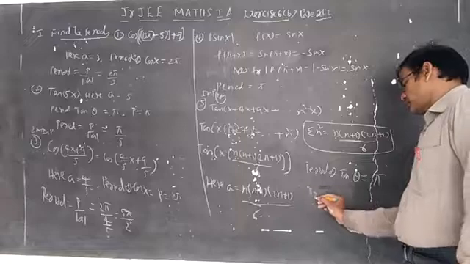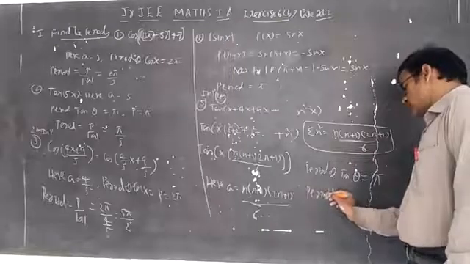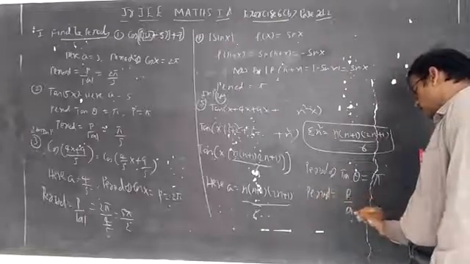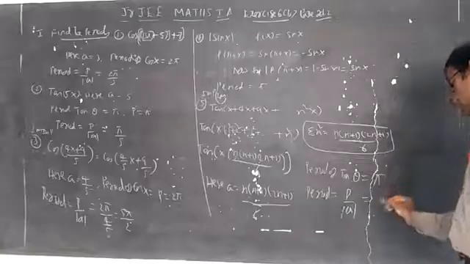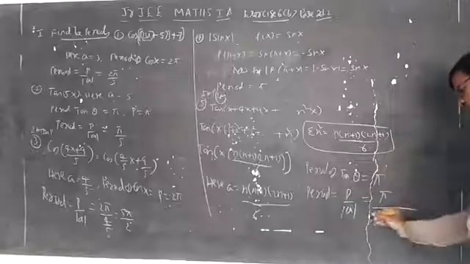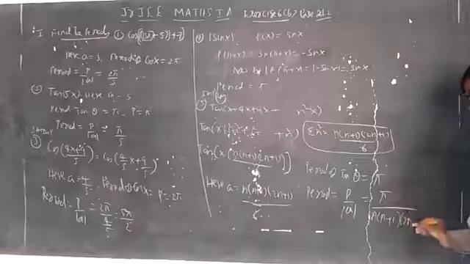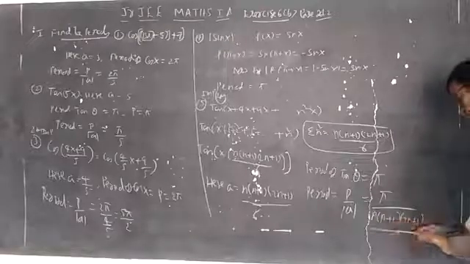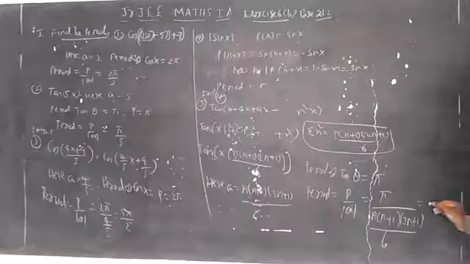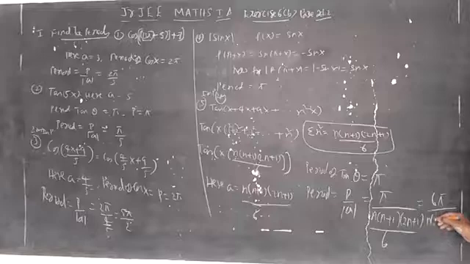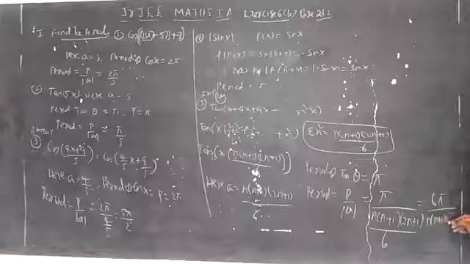So applying the period formula p by mod a, the period is pi by n into n plus 1 into 2n plus 1 whole by 6. The 6 is taken up, so you write 6 pi by n into n plus 1 into 2n plus 1.